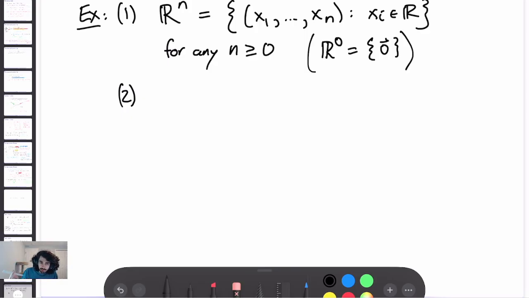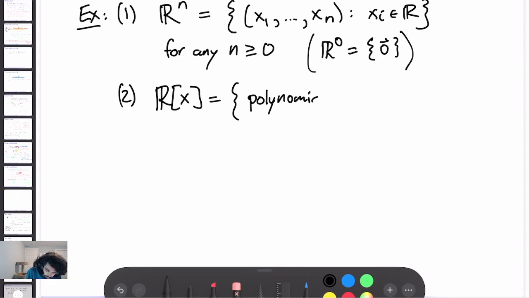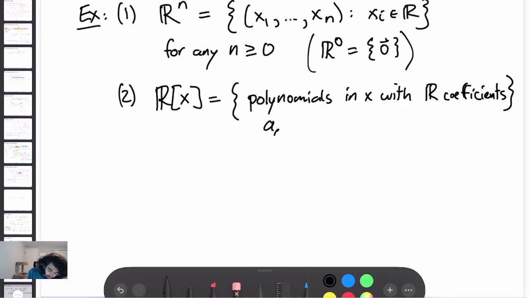Is there anything else besides just lists of numbers? Sure. A very important vector space is this one, the notation we use for polynomials in x with real coefficients. Remember, a polynomial is a number plus a linear term plus a quadratic term, and it can keep going for a while, but it does eventually have to stop.